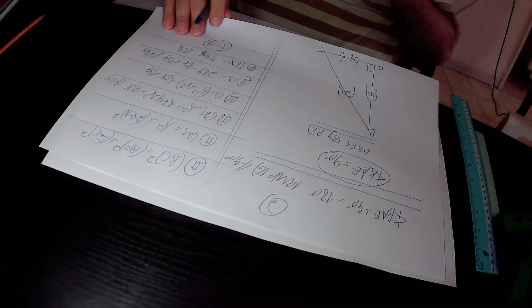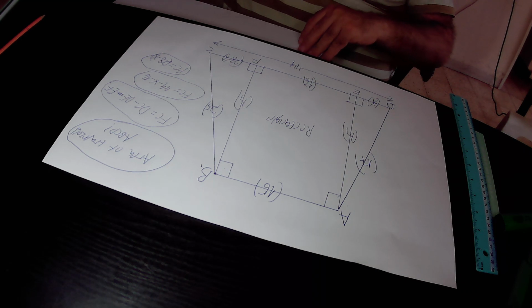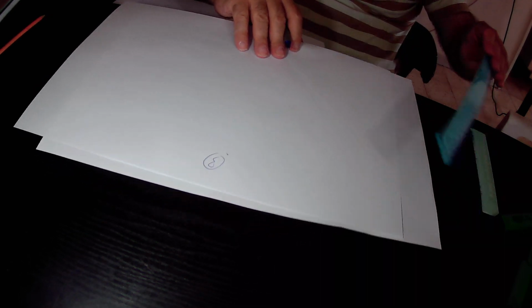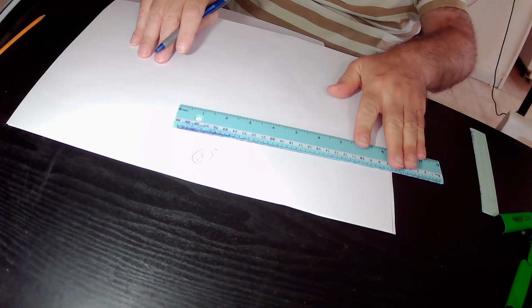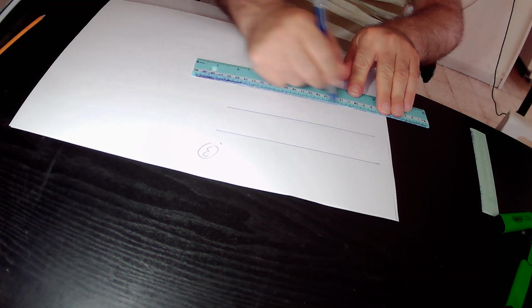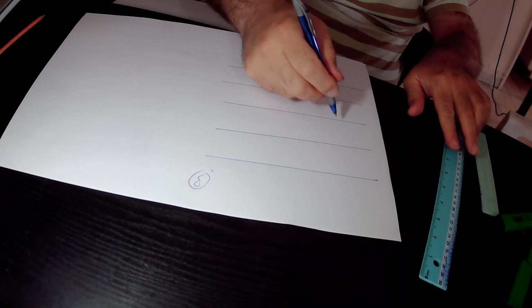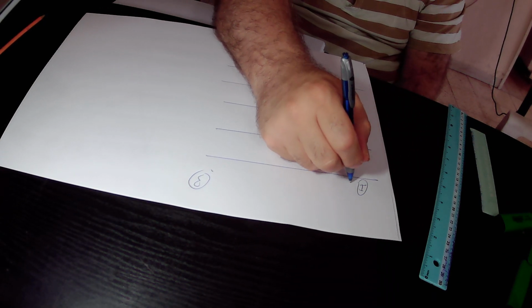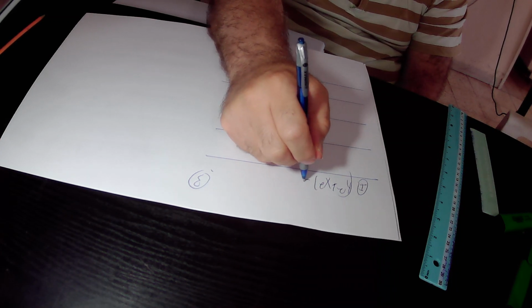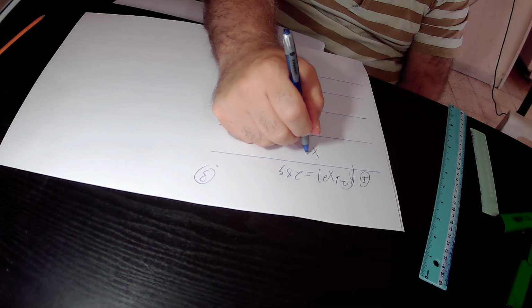We'll return back to equation 1. According to equation 1, h squared plus x squared is equal to 289. We just found out that x equals 8.